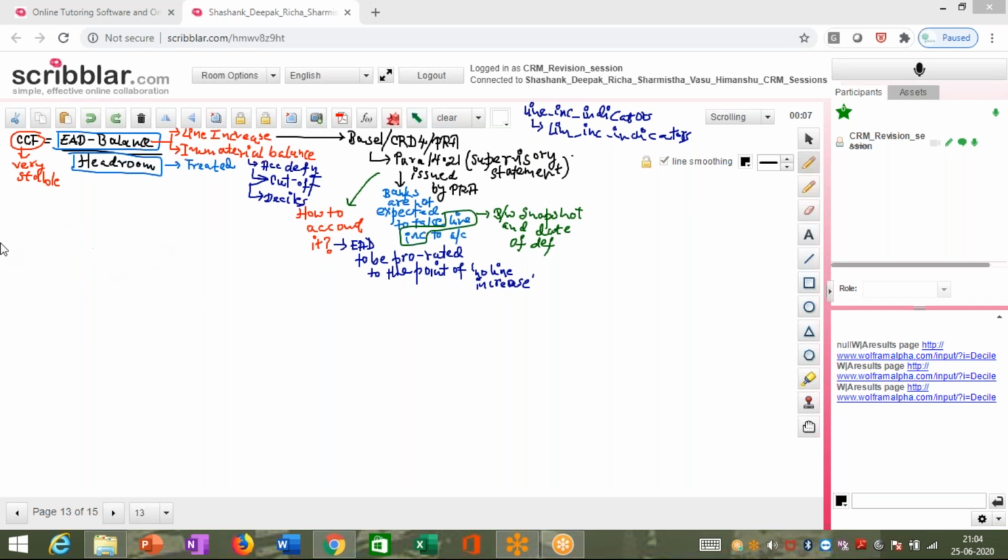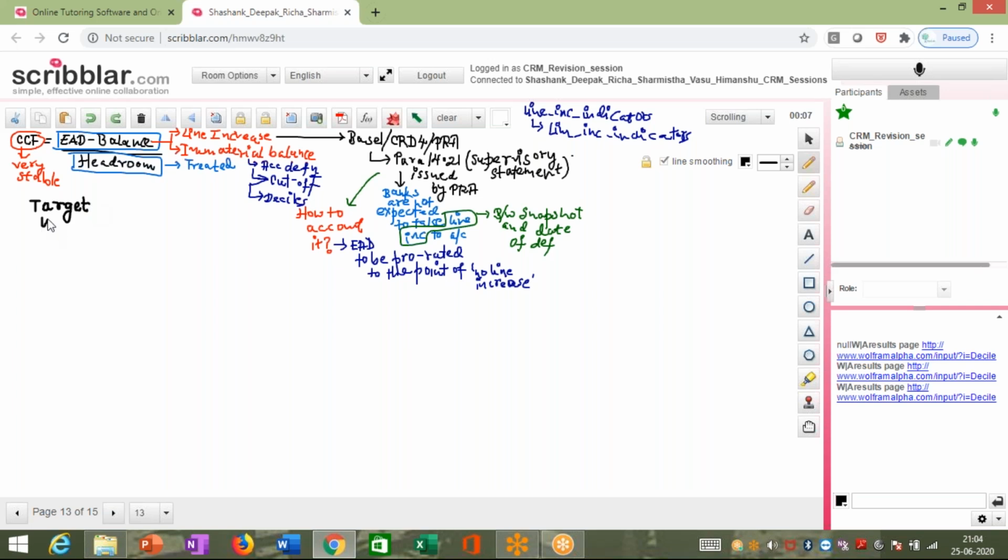Basically, the entire discussion begins from the target variable that we have over here, which is the CCF.